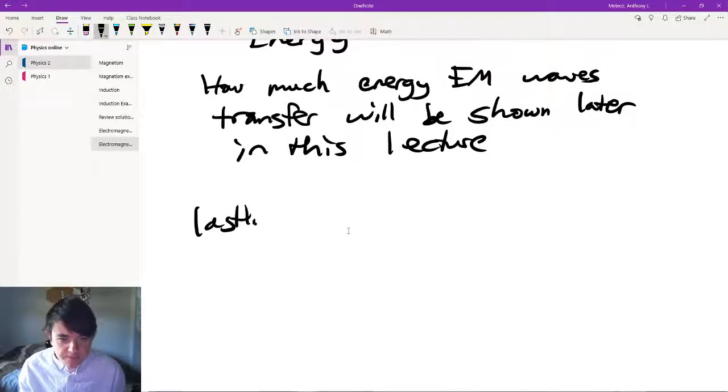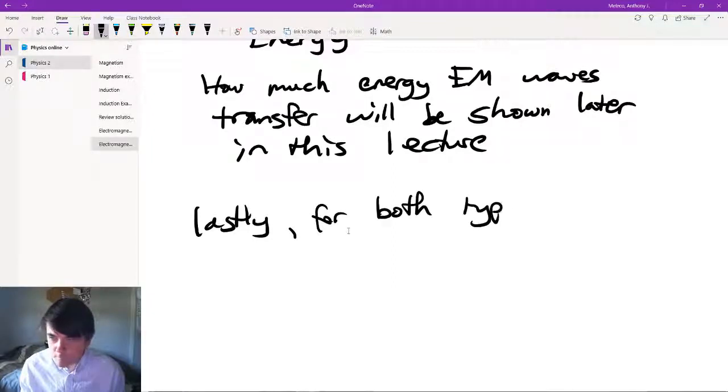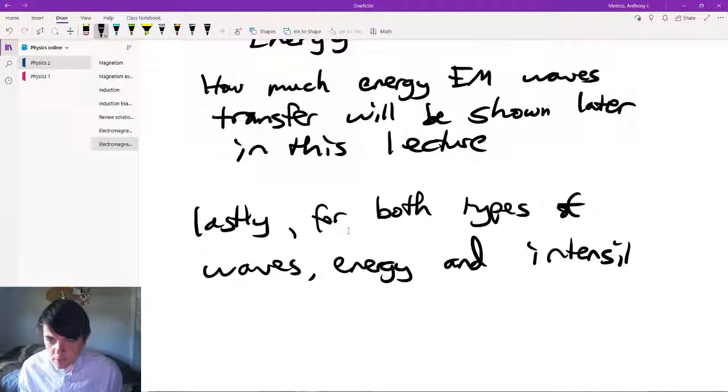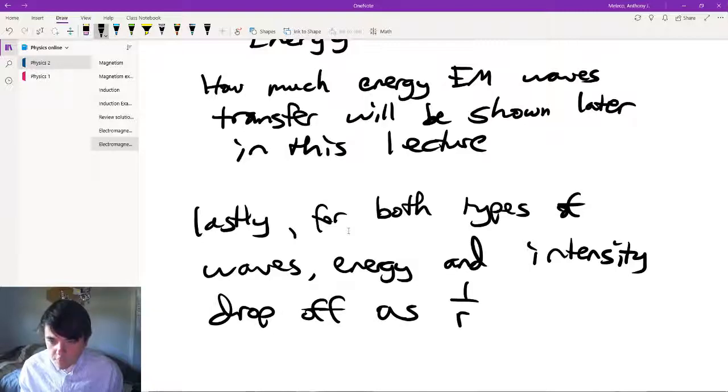But lastly, and this applies to both waves, both mechanical and E&M, energy and intensity drop off as 1 over r squared.